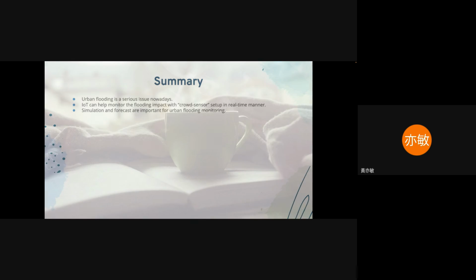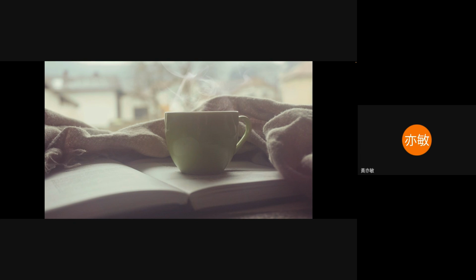So this is pretty much about the cases we talked about today. We talked about the landslide monitoring. We talked about the debris flow monitoring. And also we talked about the urban flooding monitoring. These three natural disasters are used as cases to illustrate the concept of the WSN, the IoT, and the techniques of GIS and remote sensing.